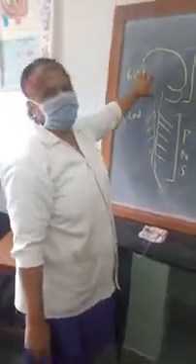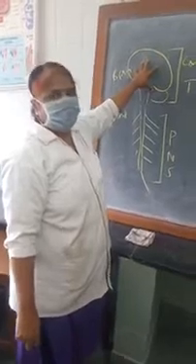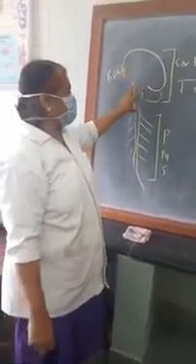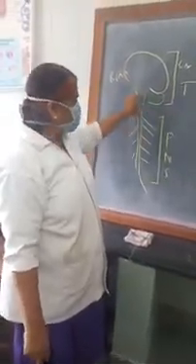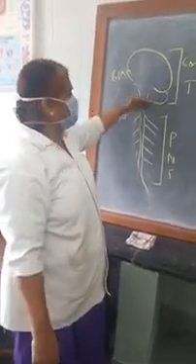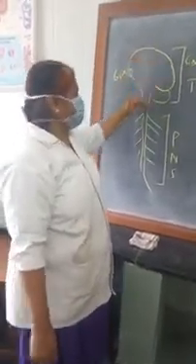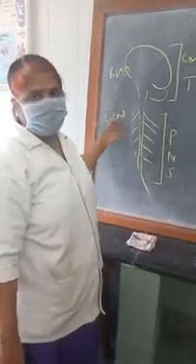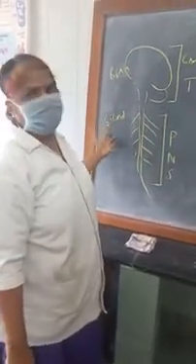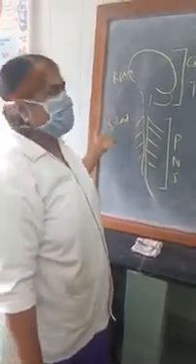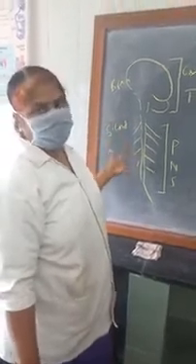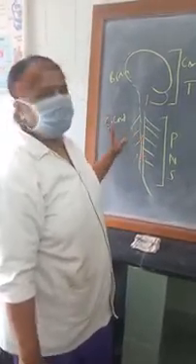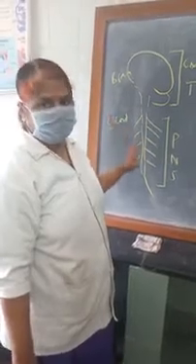This is your brain with the cerebellum, this is your brainstem, this is your spinal cord. Up to here is the central nervous system, and after the spinal cord is the peripheral nervous system, the spinal nerves that reach the target organ from the spinal cord. Okay, that is the topographical classification.